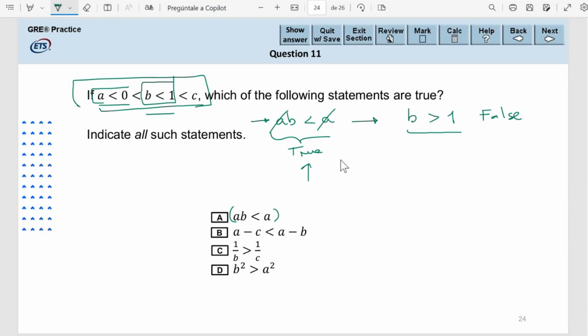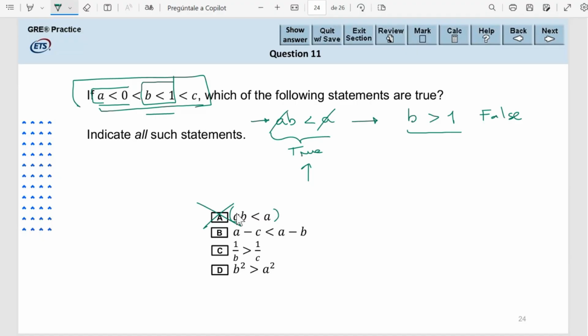So I can say, if the simplification of A times B less than A takes me to a false result, I can assume that the original expression was false. Okay? Do the same with all the other three.